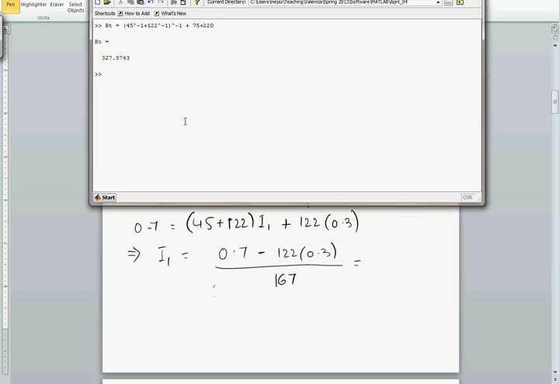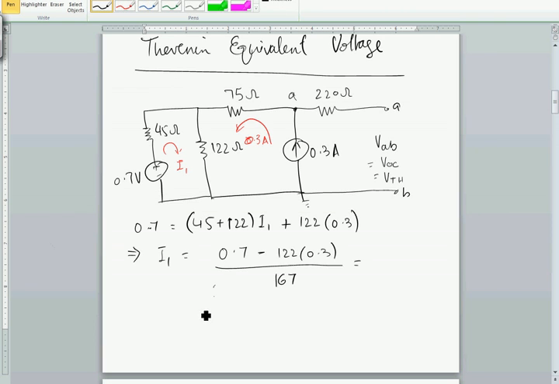I1 is equal to 0.7 minus 122 times 0.3 divided by 167, so negative 0.2150 ampere.